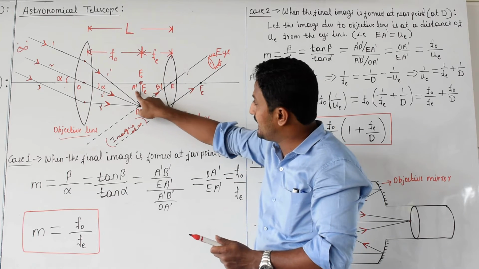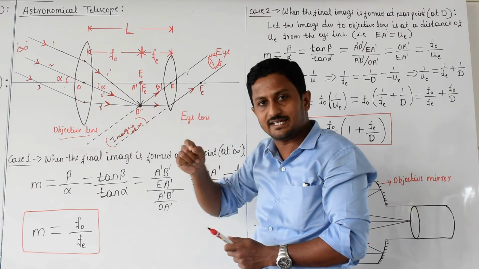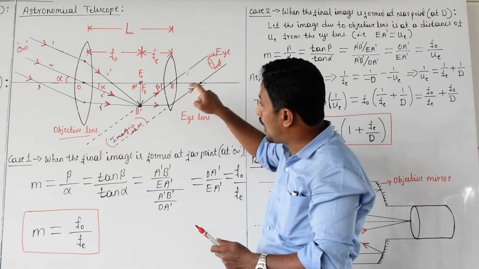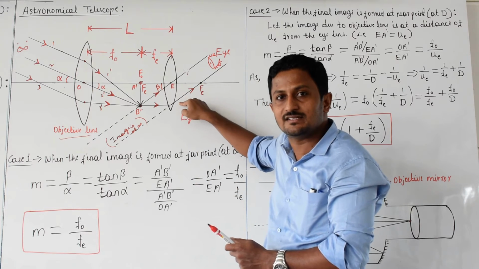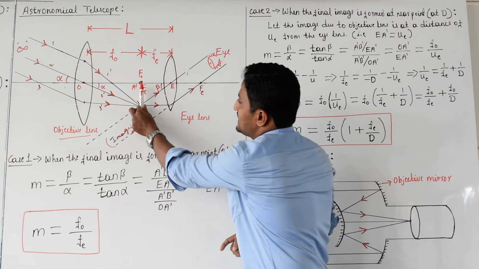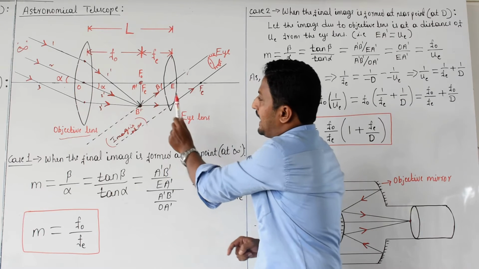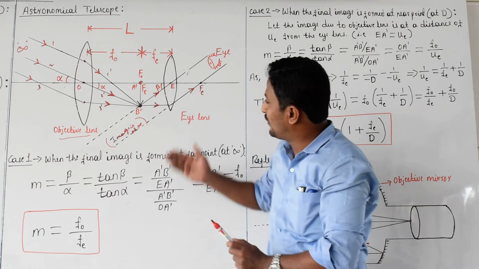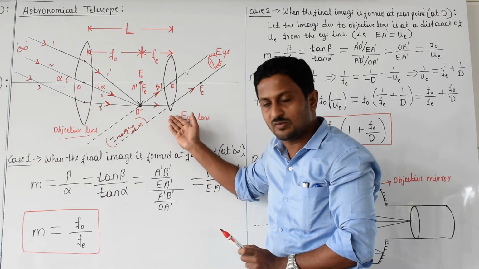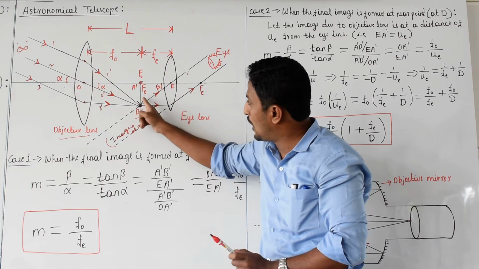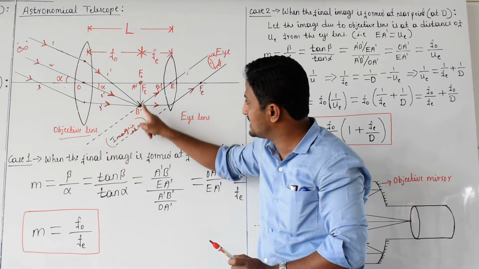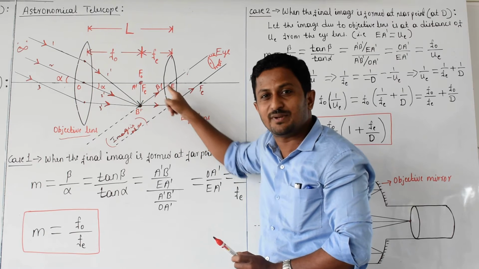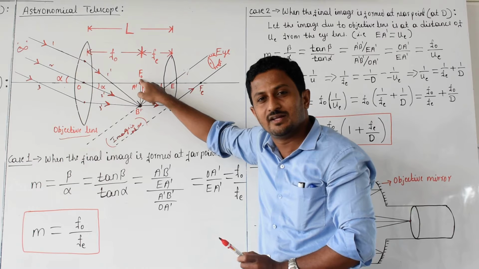Here A dash B dash is the object for this eye lens. We are taking this object at its principal focus point. For this eye lens, object A dash B dash is at its principal focus point.